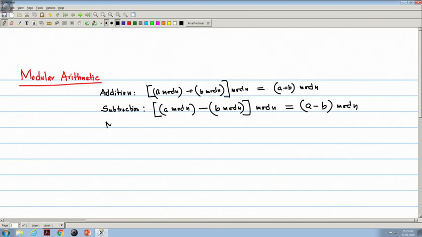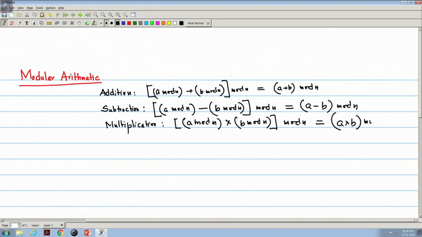And the multiplication: a mod n into b modulo n, take the modulo n, which is a into b modulo n.